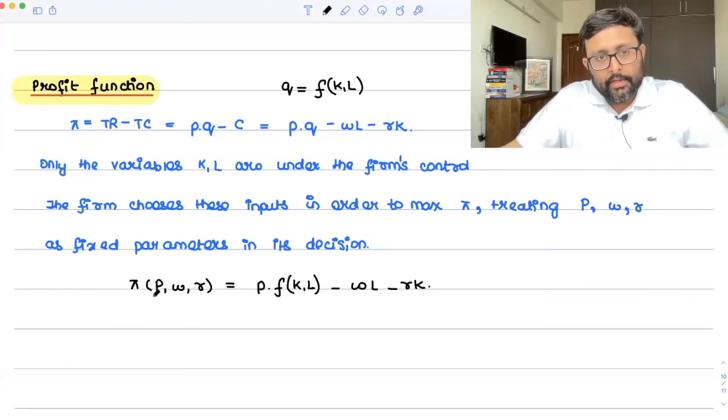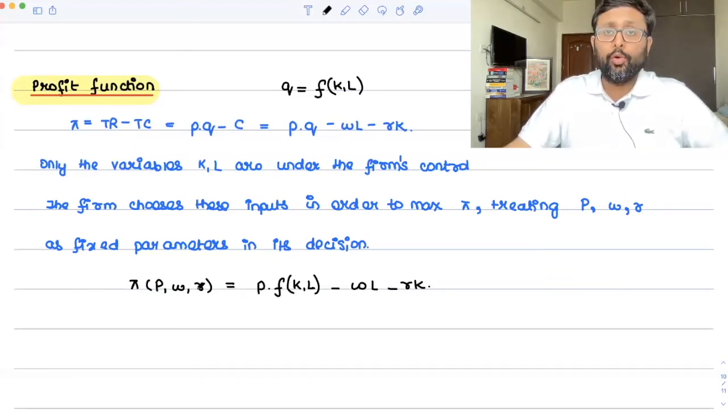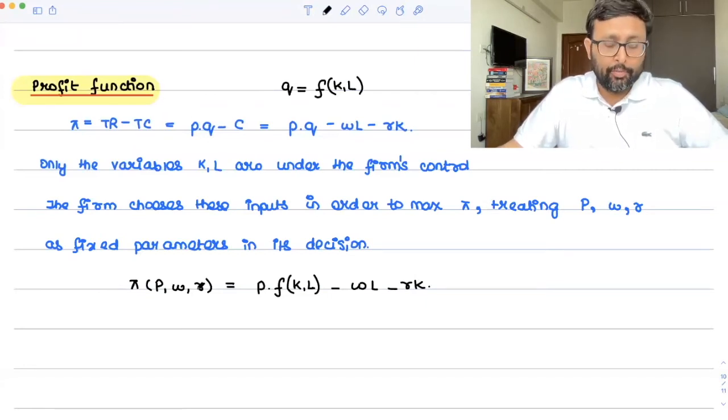So what is this pi(P, W, R) indicating? This is the maximum value of the profits, which you're going to get by maximizing, by optimizing the input use.